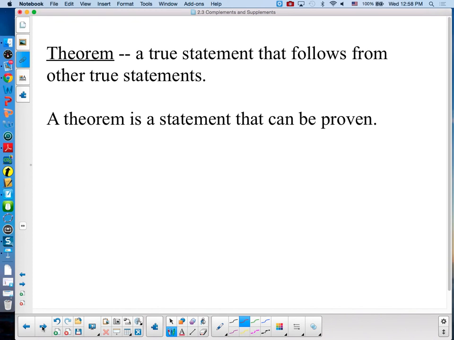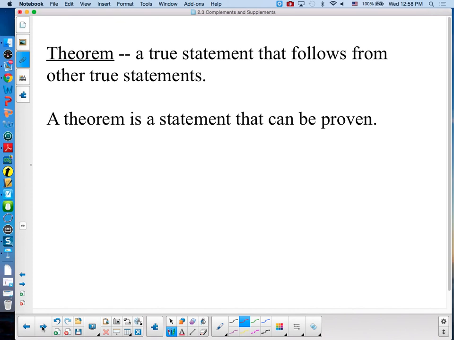Postulates were accepted without proof. Theorems can be proven, and really to be a theorem, it needs to be proven. Otherwise, it's just a conjecture. So a conjecture that you can prove becomes a theorem. We will prove a few theorems.